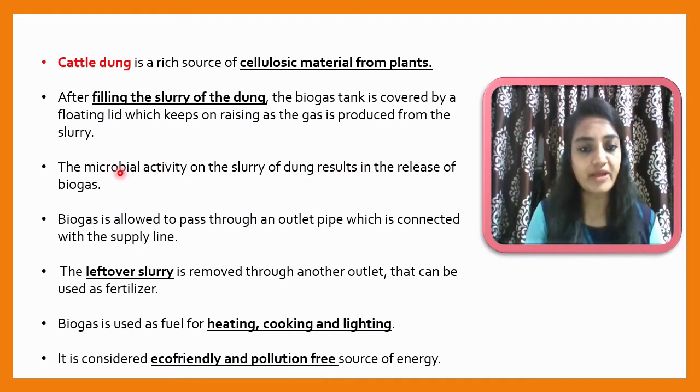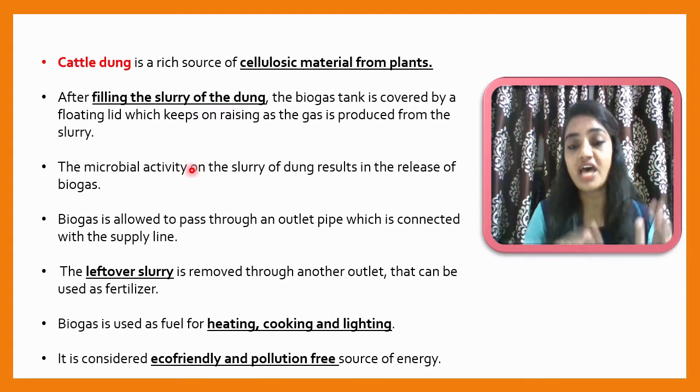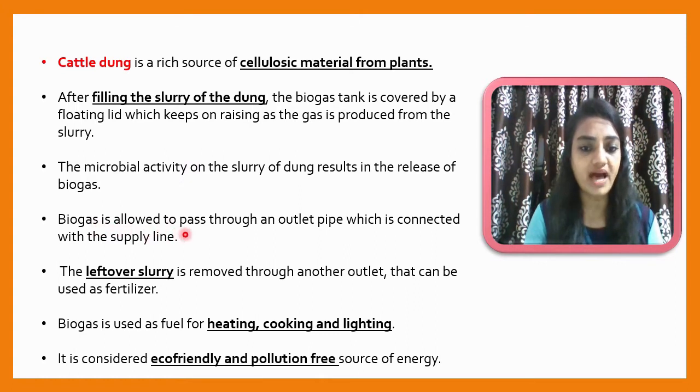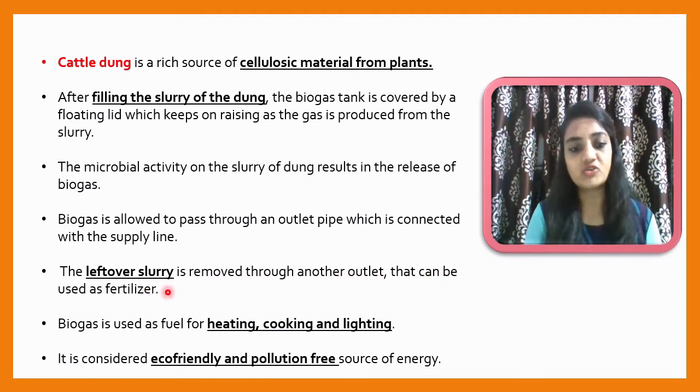Okay, so microbial activity means methanogenic bacteria will work on the cellulosic material, and as a result, when anaerobic condition is provided, they will produce biogas or methane gas. Biogas is allowed to pass through an outlet pipe, which is connected with the supply line, and whatever slurry is left over is removed through another outlet, and that can be used as a fertilizer. So we can use it as a fertilizer also.